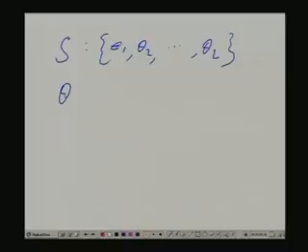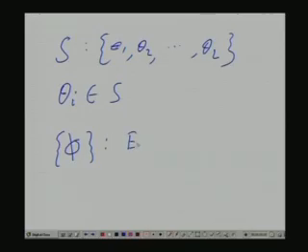For any set, as you know, I can write theta i is an element of S. This stands for element, so it is a member of this set S. Then there is something called the empty set.